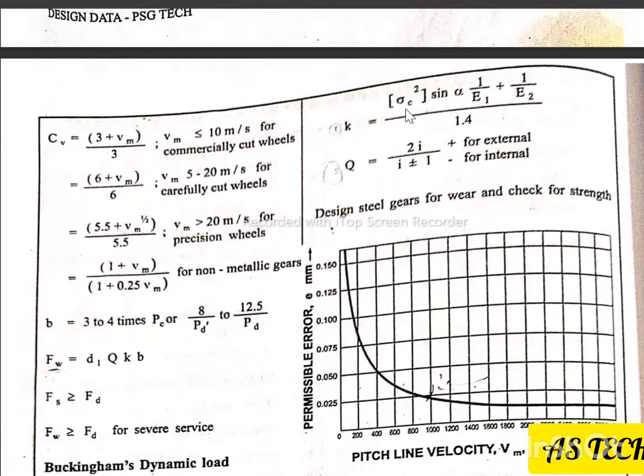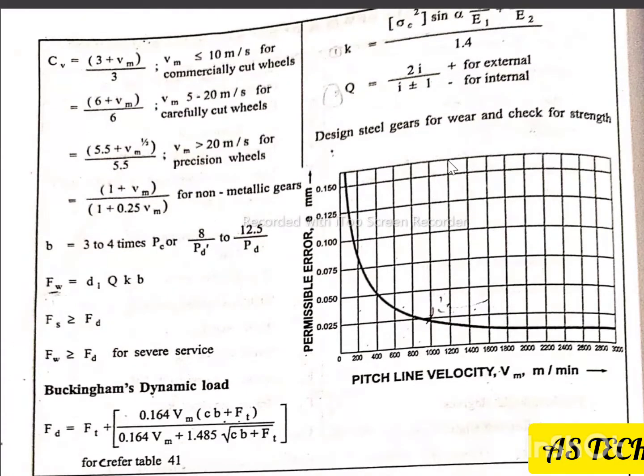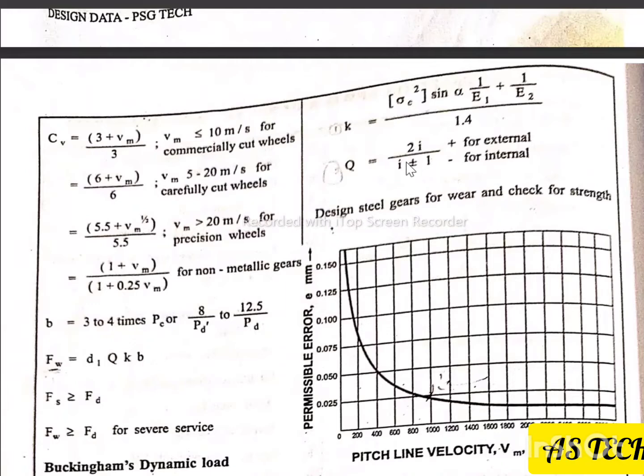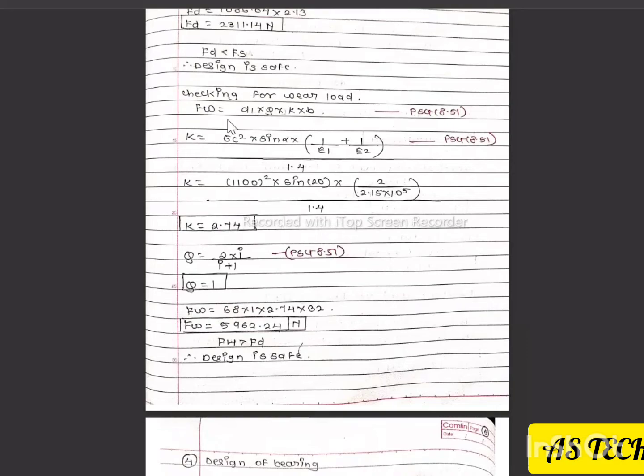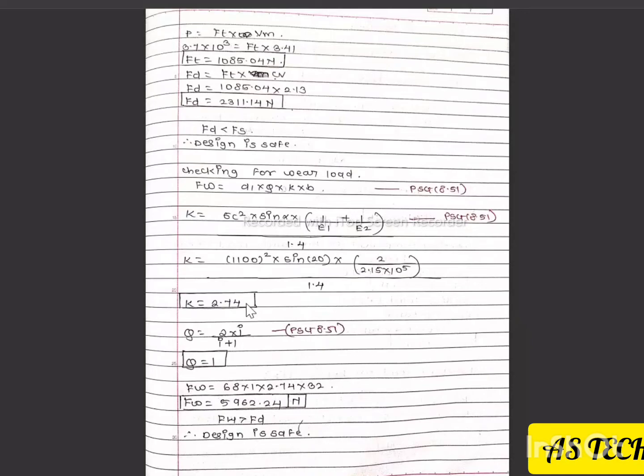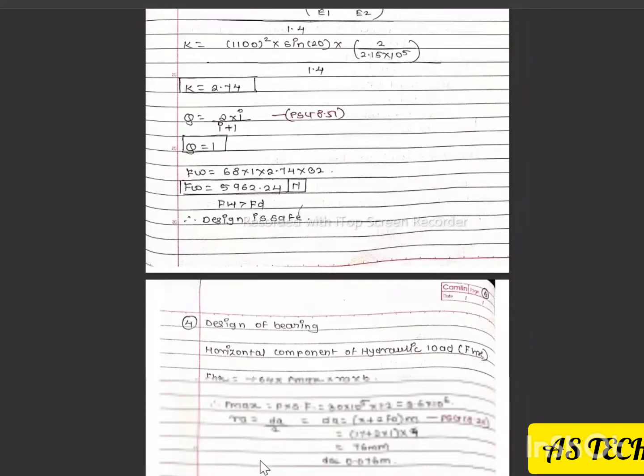K equals to sigma c square into sine alpha 1 upon 1 upon E1 plus 1 upon E2 upon 1.4. For q, 2 into i upon i plus 1. For external, we always use external gear for a gear pump design, so i plus 1. Now put the values. We have d1, we have q, k and b. We get the value of Fw. Fw is always greater than Fd, so the design is safe.